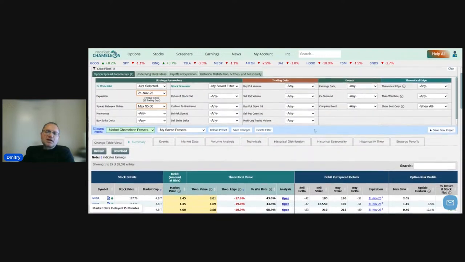And the idea behind today's example is, when we're looking for bearish put spreads, sometimes our outlook is that the market is going down, or we want to hedge against a potential downward market.